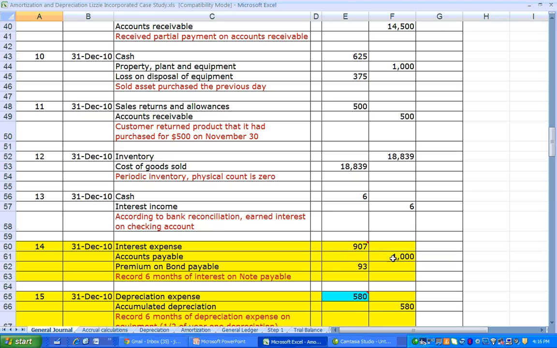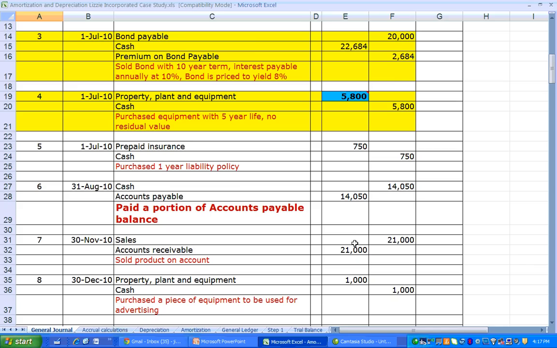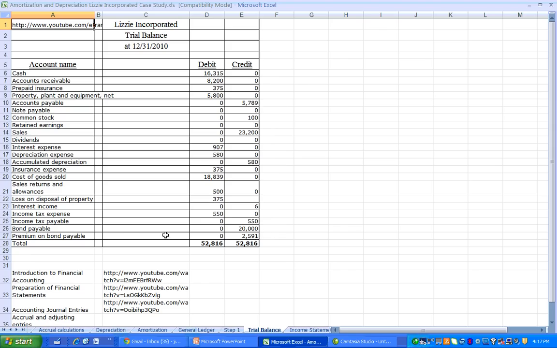And if we look over on our trial balance, the premium in bond payable went down. It's now $2,591 at year end. Bond payable remains $20,000, and our balance sheet shows net bond payable of the carrying amount of $22,591.